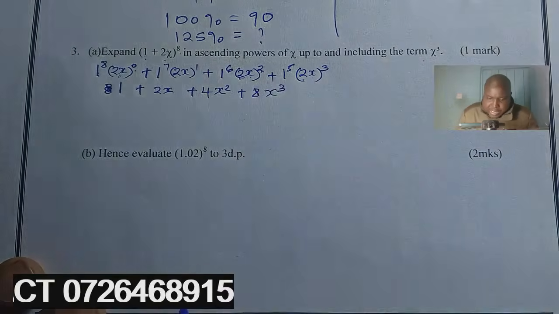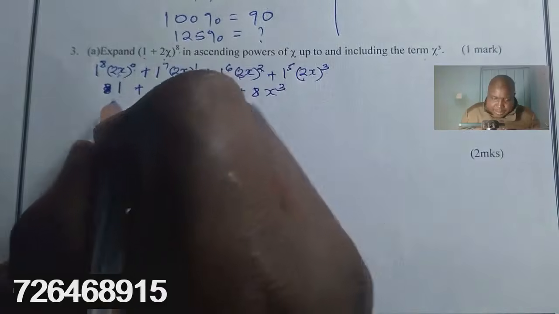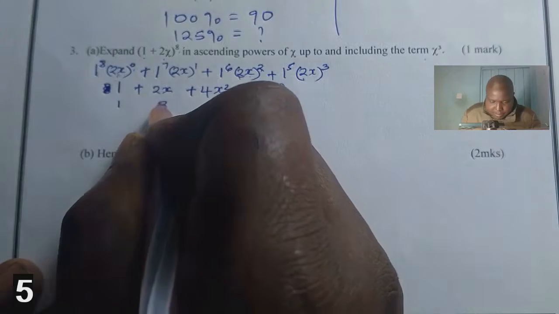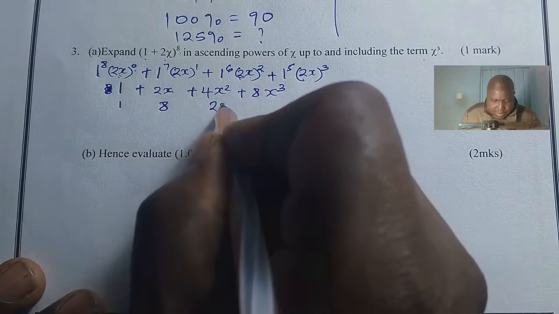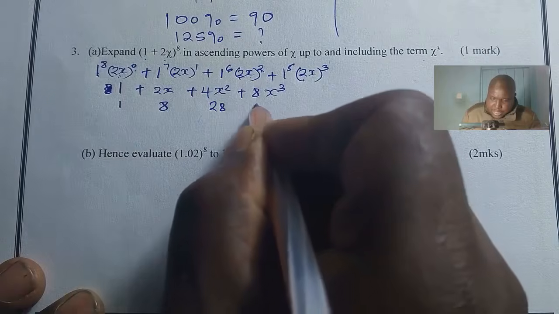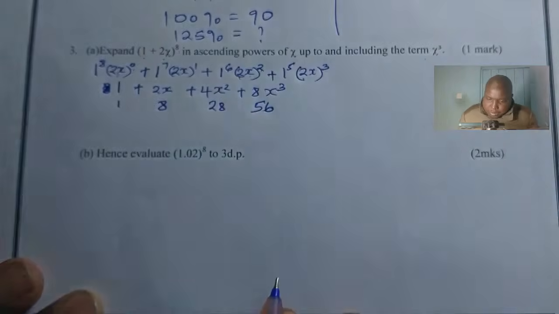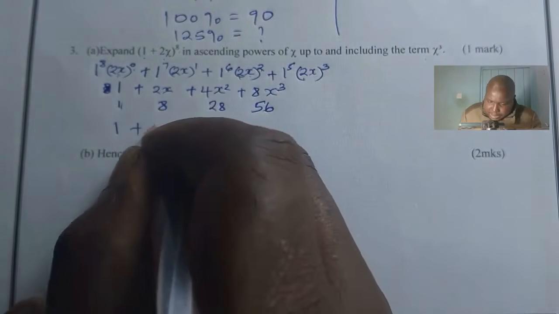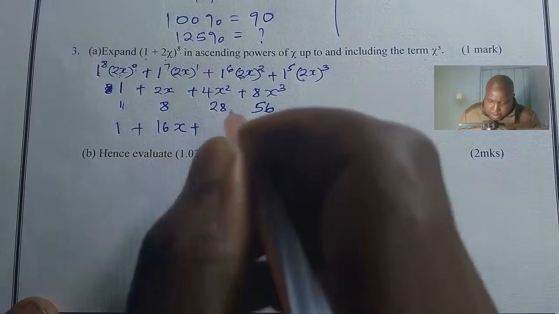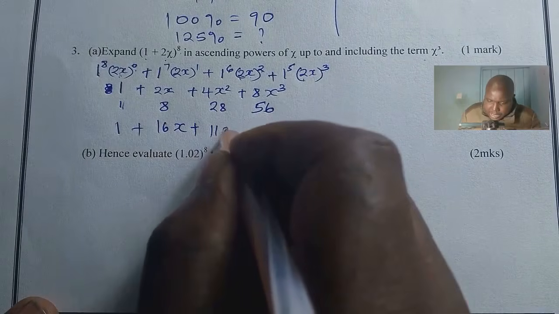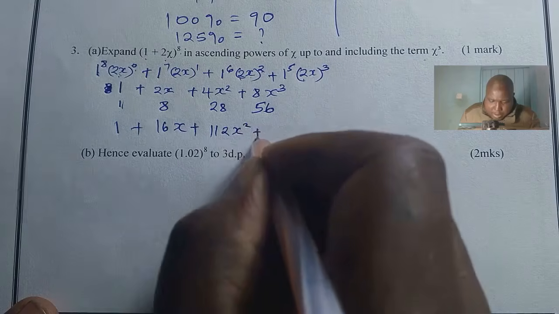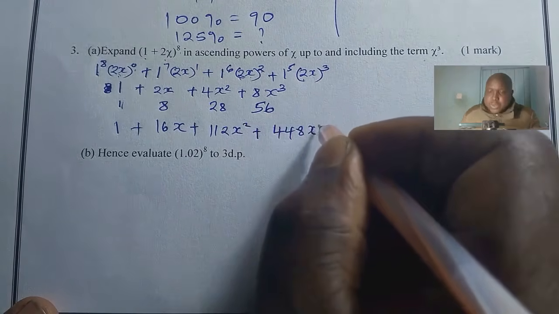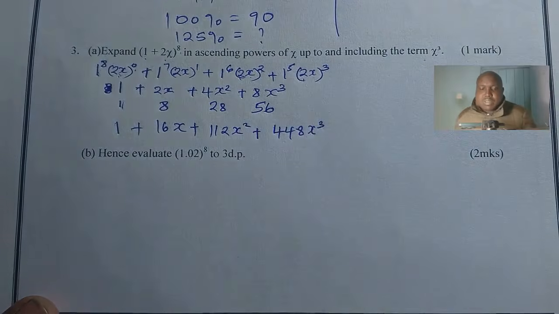Now remember to put the coefficients: the coefficient is 1, 8, 28, 56. The coefficients of 8. So this is 1 plus 16x plus 112x squared plus 448x cubed. So that is our expansion.